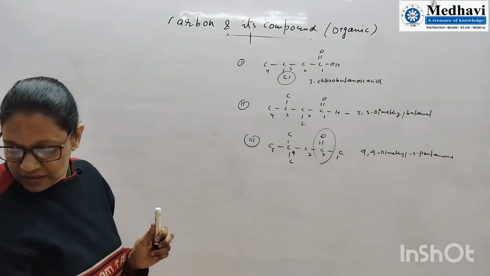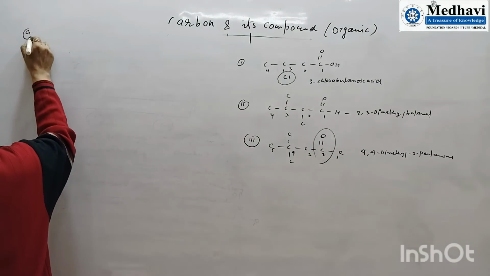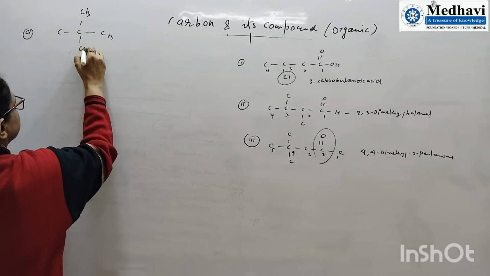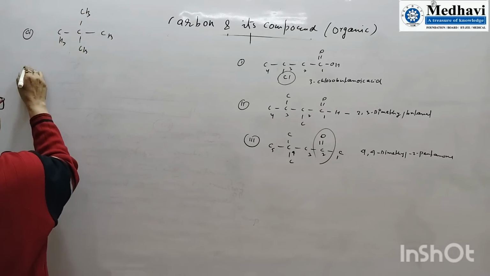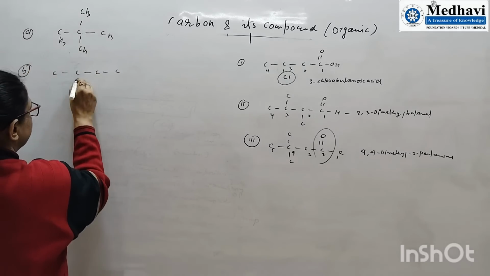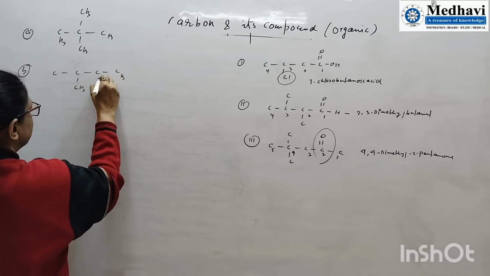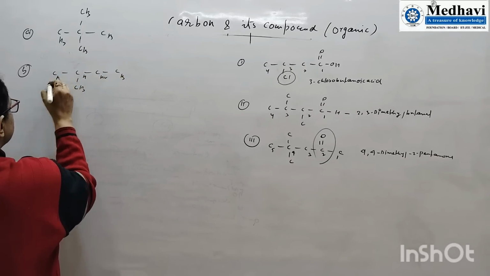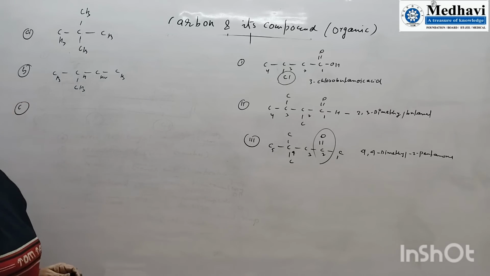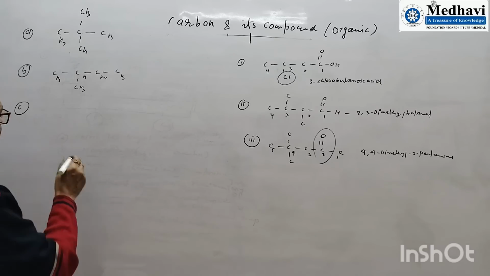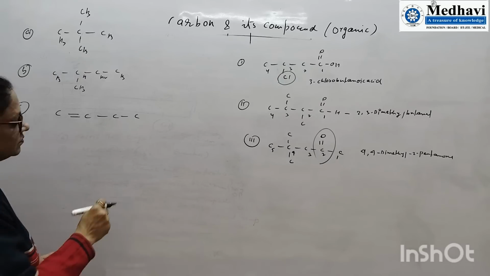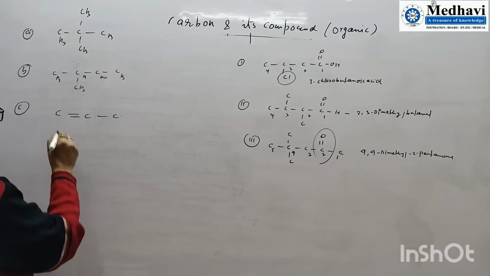Suppose the compound is this. First, you have to write the IUPAC name of this compound. Second is this compound. Here hydrogen is also filled, so I suggest you avoid hydrogen. After writing its name, you put hydrogen. Next is this, and here hydrogen like this.